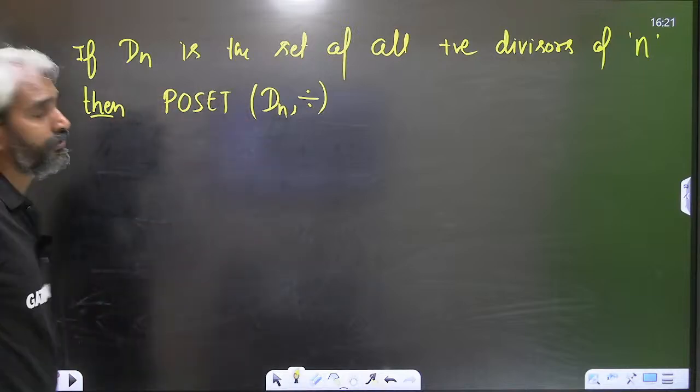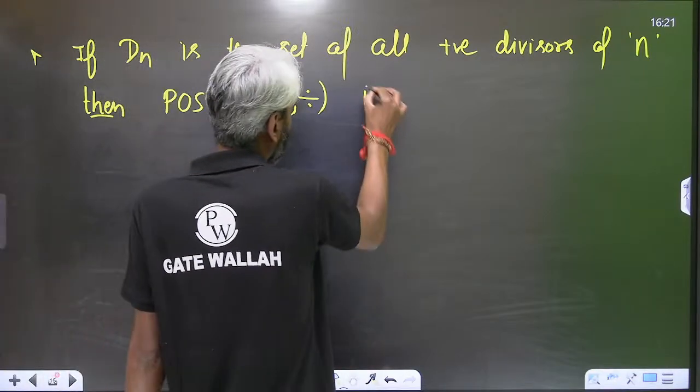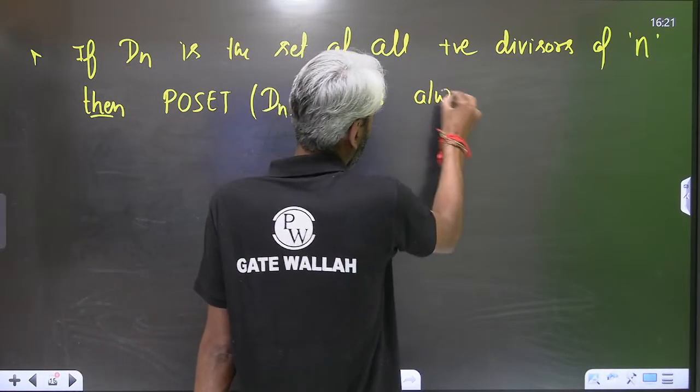Then the poset Dn with respect to divides is a lattice. It is always a lattice, I would say.